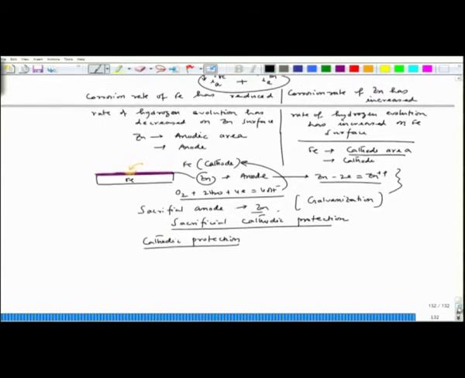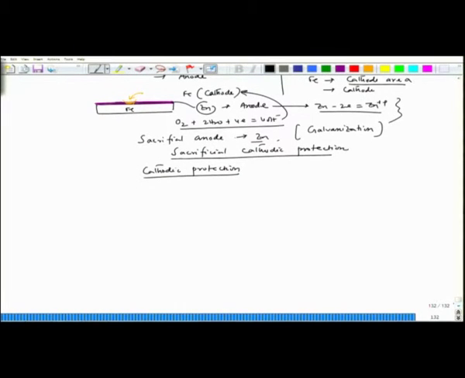And this cathodic protection works on the basis of sending negative current to the cathode. Let us say we have this E versus log I, and this is I0 for the cathodic reaction.